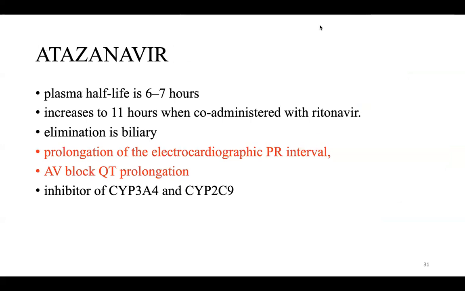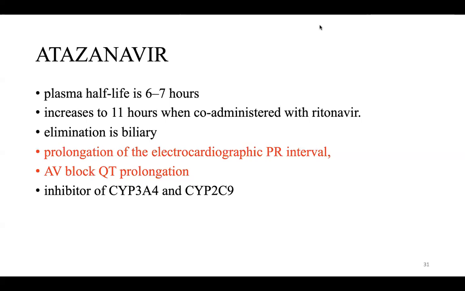Atazanavir is a peptidomimetic PI with a pharmacokinetic profile that allows once daily dosing. It should be taken with a meal to enhance bioavailability.